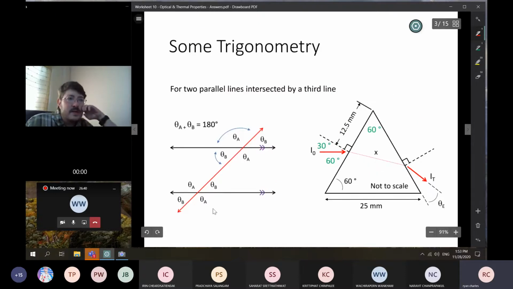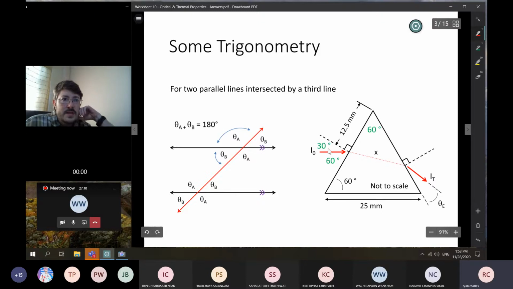So you had to remember this: when you have two parallel lines intersected by a third, we have a whole bunch of angles which are equal. When these two things are parallel, this angle and this angle are equal, and these angles are equal, and these two angles have to add up to 180. We know this is an equilateral triangle, so 60, 60, 60.